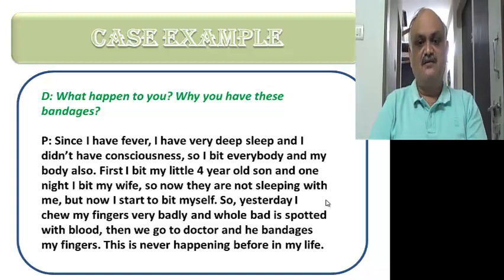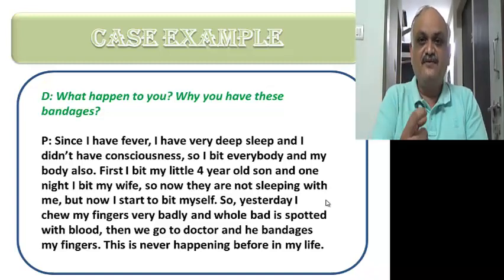So I bite everybody, and my body also. Here is a spelling mistake. It's not beat, it's bite. First I bit my little 4-year-old son one night. And I bit my wife. So now they are not sleeping with me, but now I start to bite myself. So he is biting during the sleep, others and himself also.